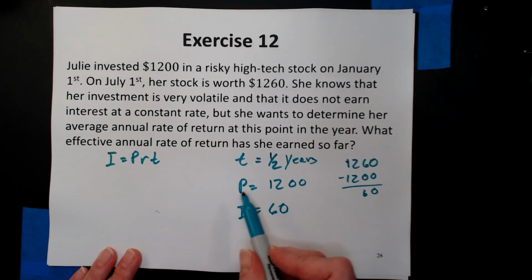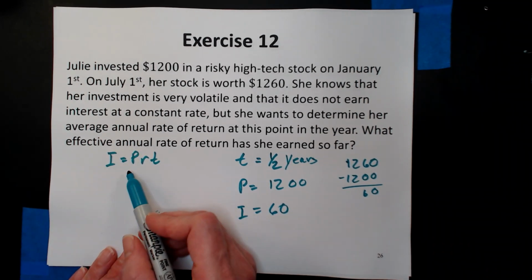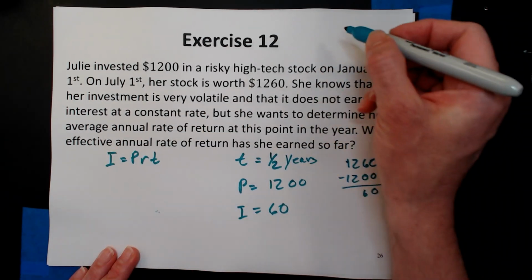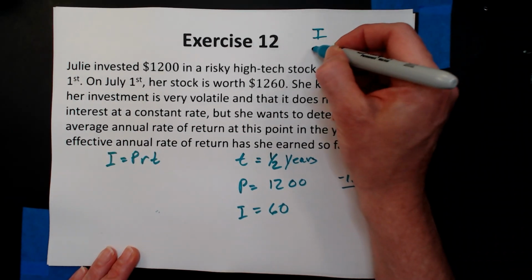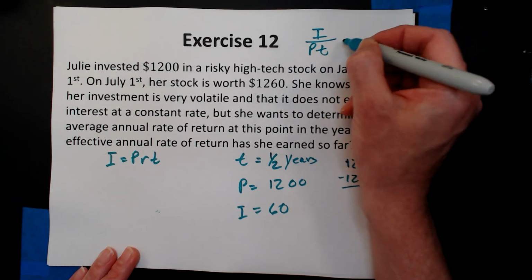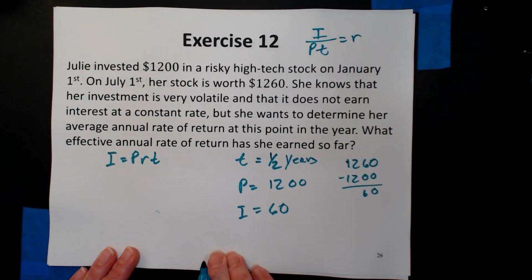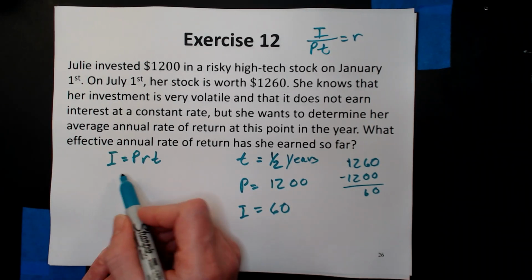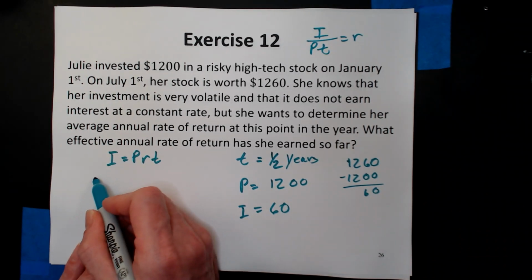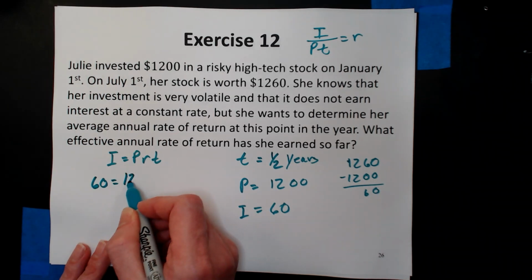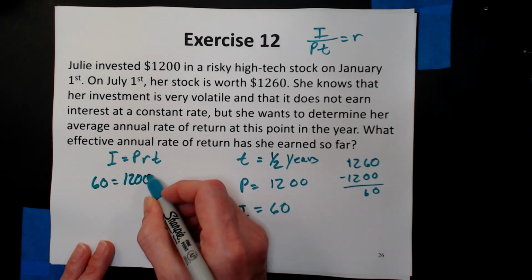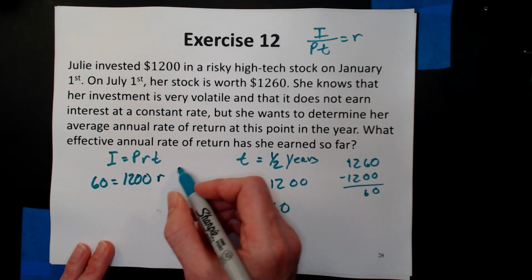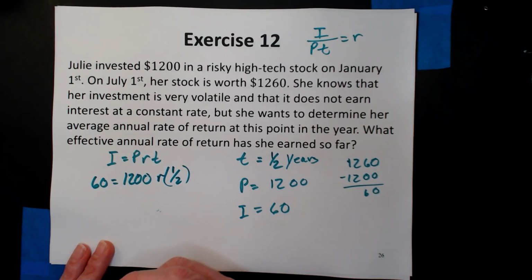So now we need to go and find the rate. Once again, they may have you solve for the rate first, by saying rate equals interest divided by principal times time. Here, if you're just plugging in real numbers, it's easier to plug in the numbers and say 60 equals 1200 times your rate, which is unknown, times 1/2, your time.